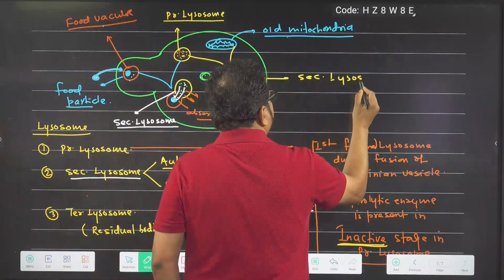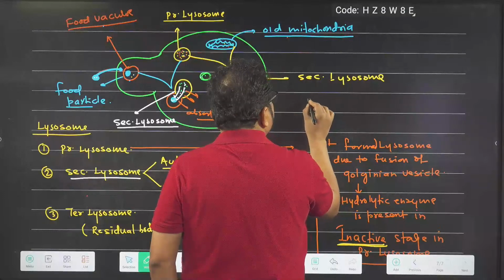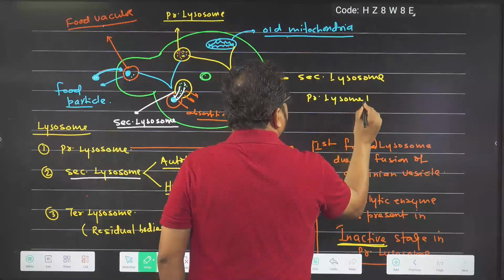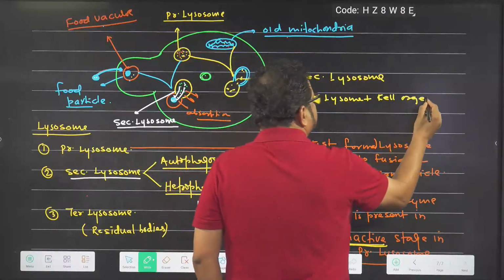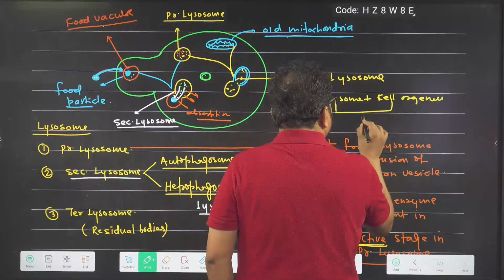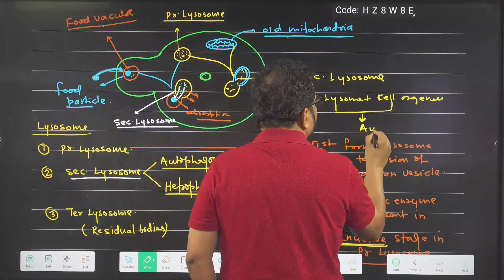And this secondary lysosome is formed by fusion of which one? Primary lysosome plus cell organelle. It may be mitochondria, and then such a kind of secondary lysosome is called an autophagosome.